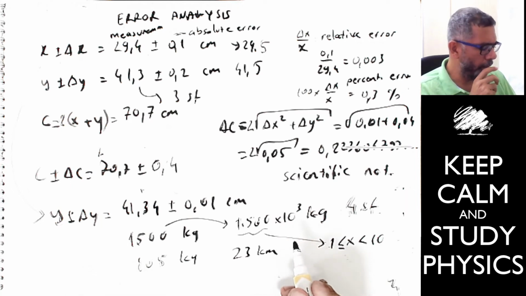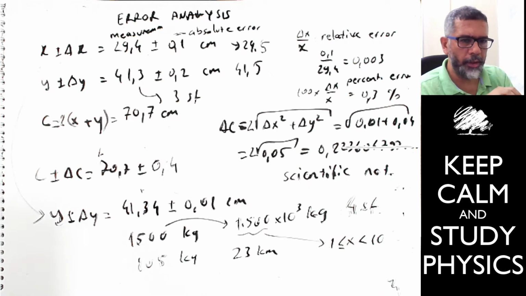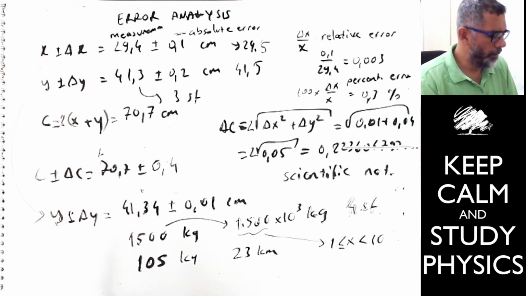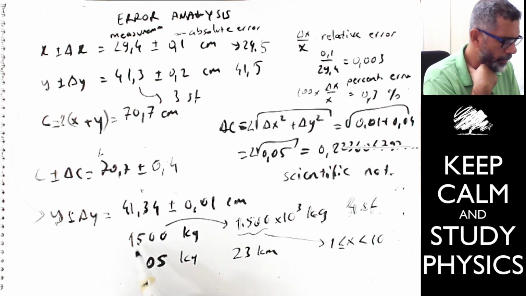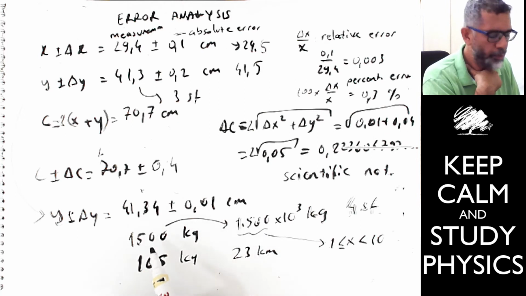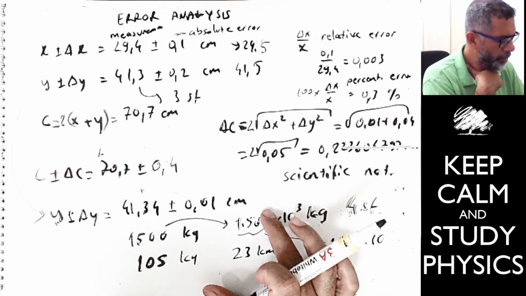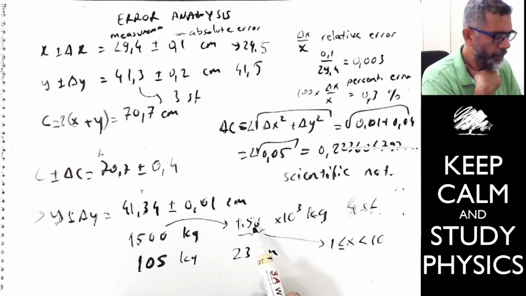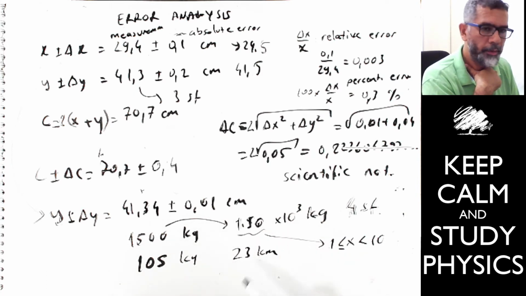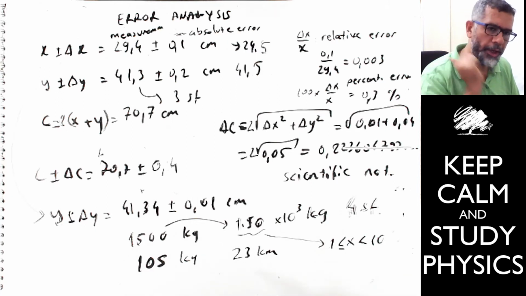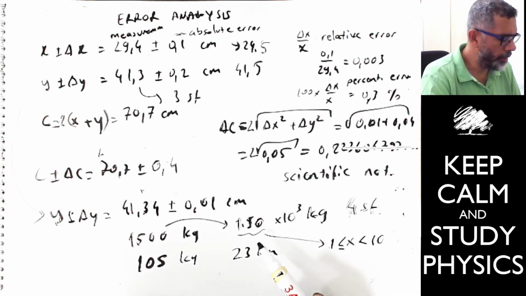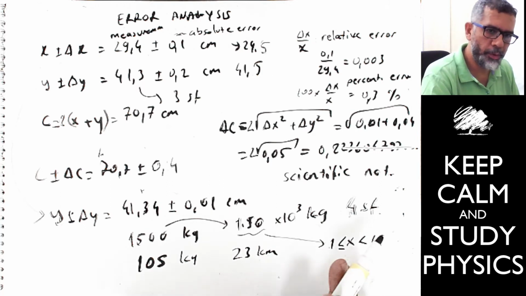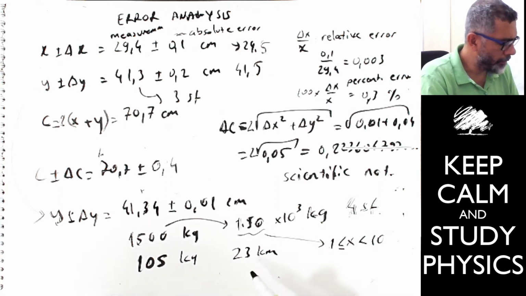But you might also think there should be only 3 significant figures in this measurement. Then you just get rid of this 0, and that is 1.50 times 10 to the power 3. So you can always change the number of significant figures by using scientific notation.